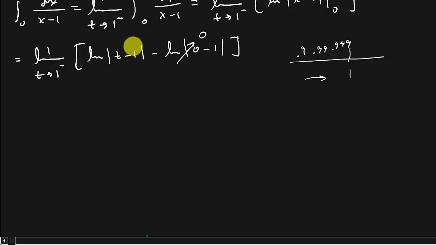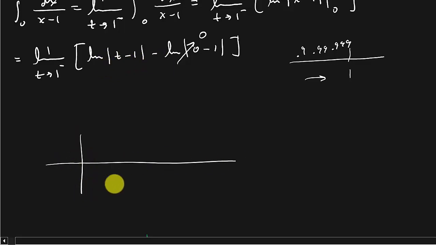If we plug the 0.9 in, that's going to be negative 0.1, but then we take the absolute value, that would be 0.1. Plug in 0.99, that would be 0.01, natural log of 0.01, and then natural log of 0.001, natural log of 0.0001.